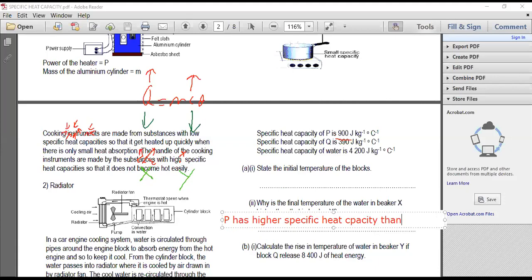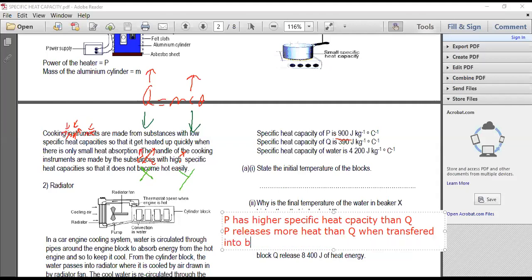Then Q. You can even say P releases more heat than Q when transferred into beakers of water.